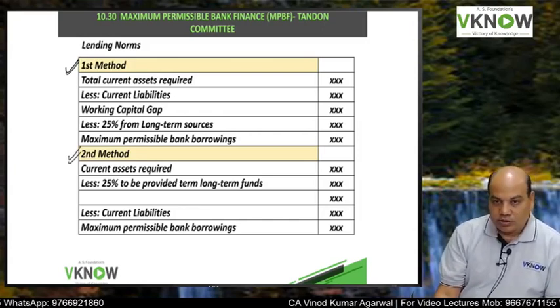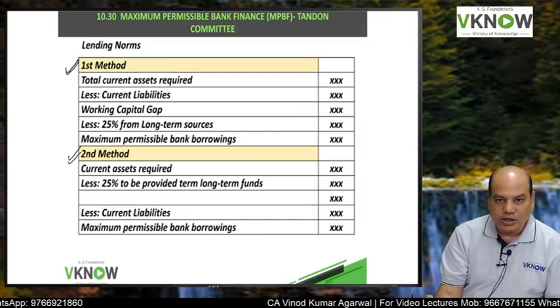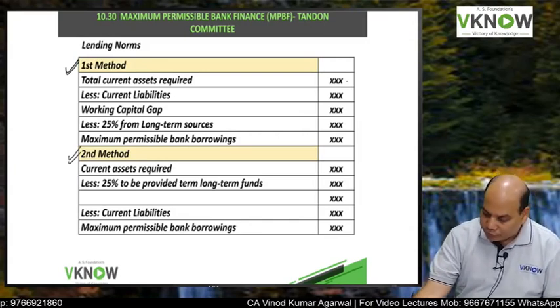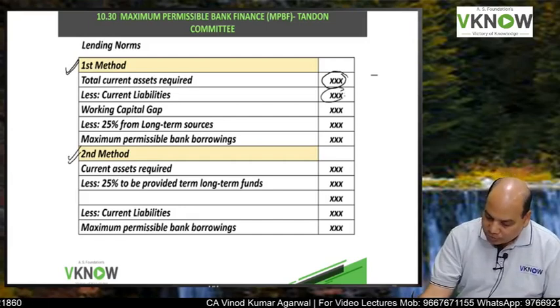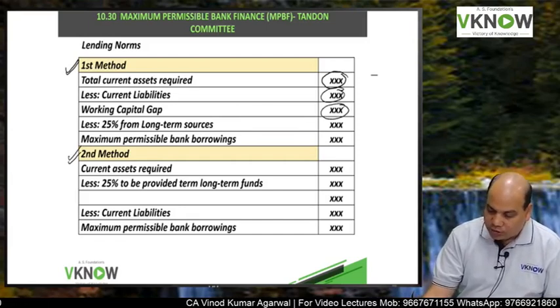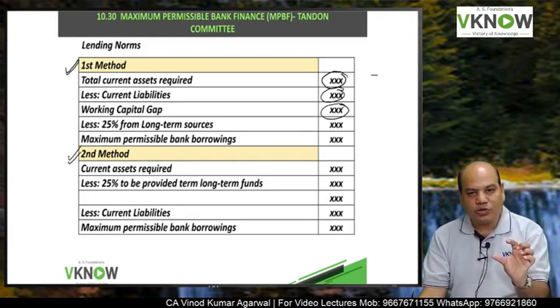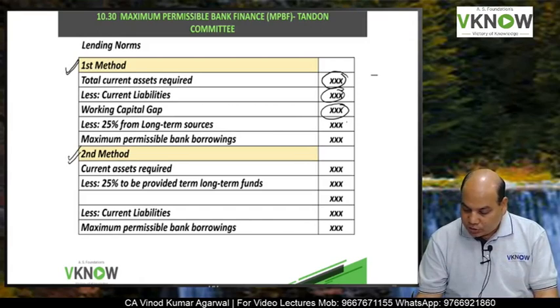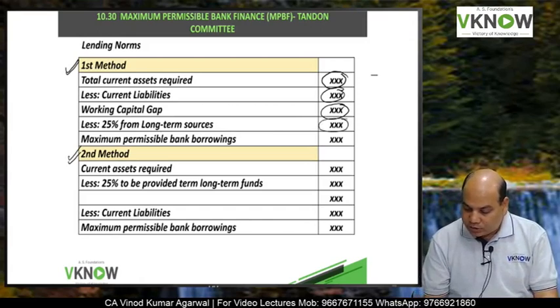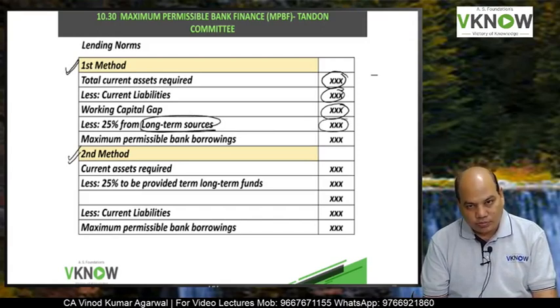Under the first method, how much working capital finance will the bank provide? First, take total current asset minus current liabilities, you will get the working capital gap. So this is the funds which the businessman needs. At that time they said 25% will be financed from long-term sources.